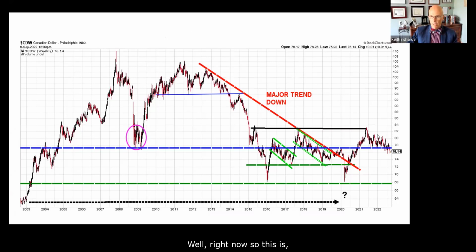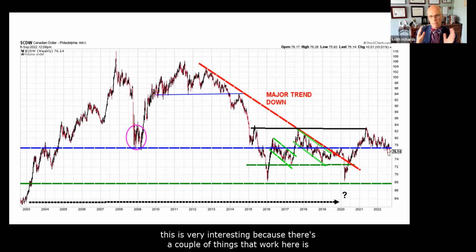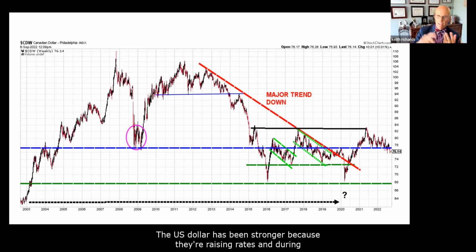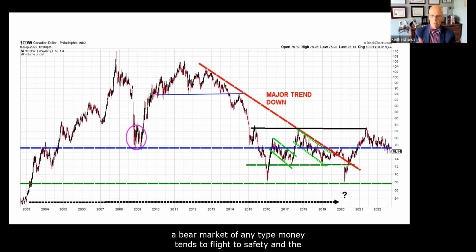Well, this is very interesting because there's a couple of things at work here. The Canadian dollar by itself against the US dollar is declining, but so is every other currency right now. The US dollar has been stronger because they're raising rates, and during a bear market of any type, money tends to flee to safety, and the US dollar is always considered the safest place to be.